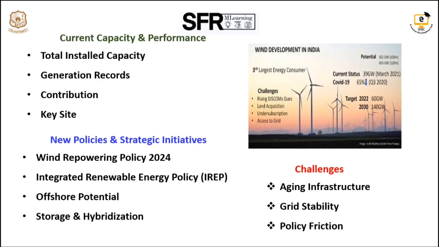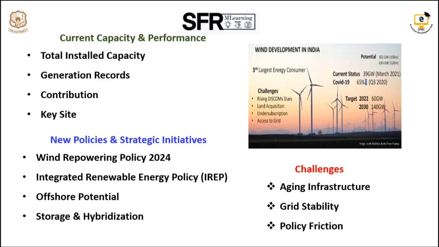The total installed capacity is approximately 11,500 megawatt. This is the total installed capacity of wind energy. The state recently set a new record with wind energy evacuation reaching an all-time high of 123.85 million units in a single day in August 2025.